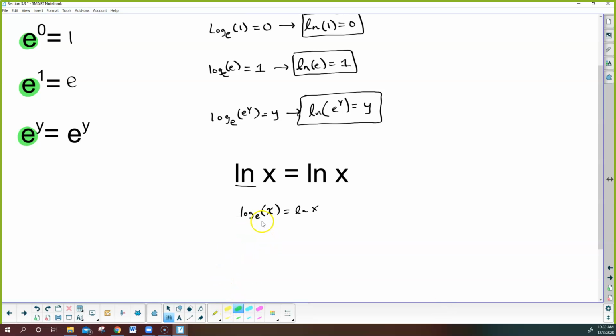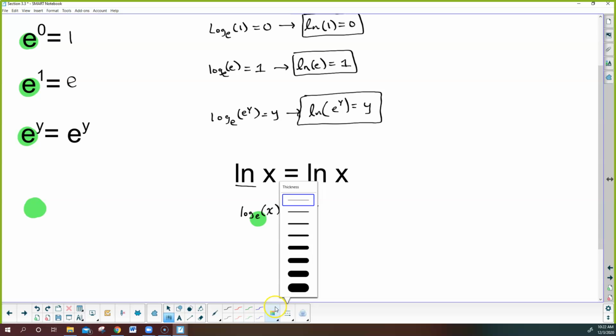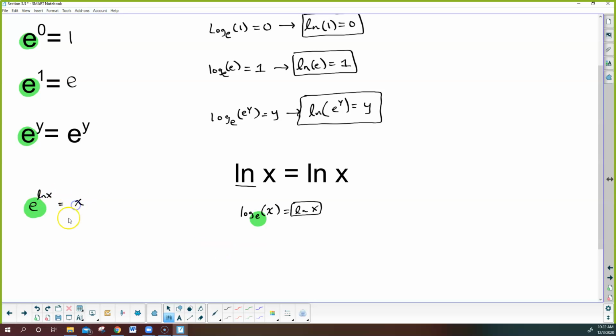So I'm basically going to do the reverse process here. I have a base e that's going to remain the base. But then my exponent is the natural log, right? Because when I convert it back, what does it show me? It shows me that if I take e to the ln of x, the e and the ln reduce out just like they would reduce out here, and what's left over is x is equal to x. So you're really going to get this one in a couple of days.